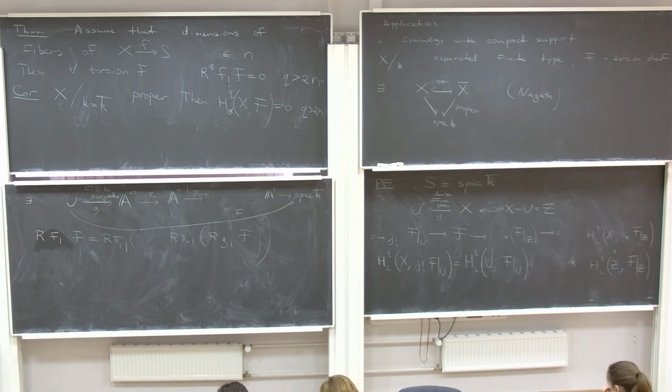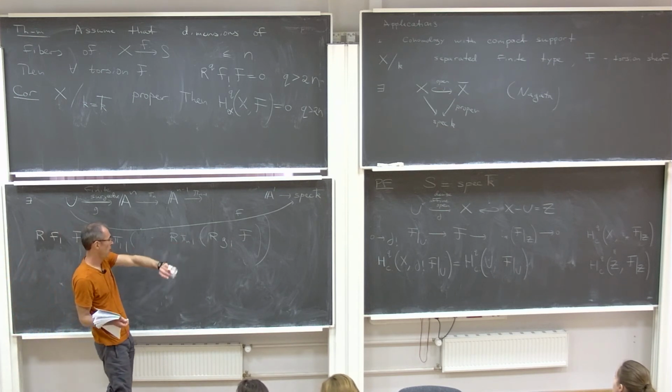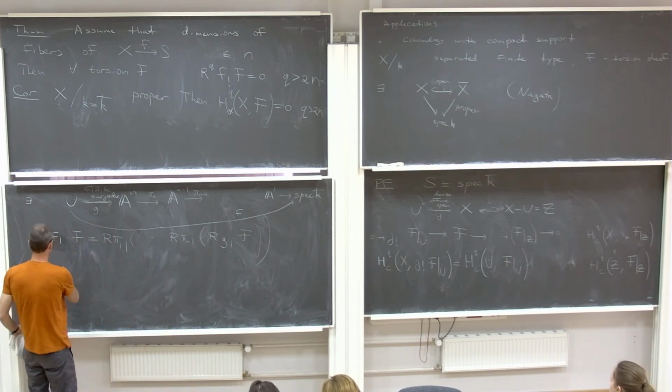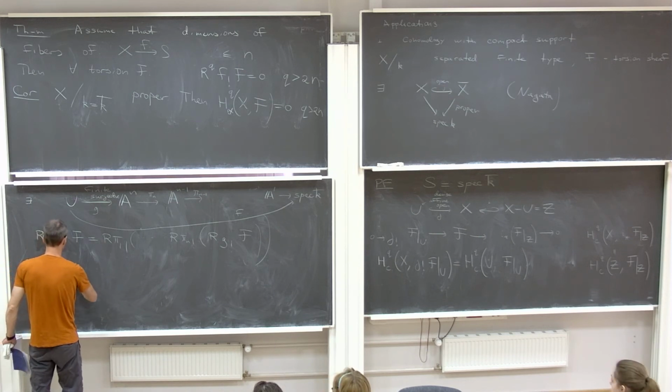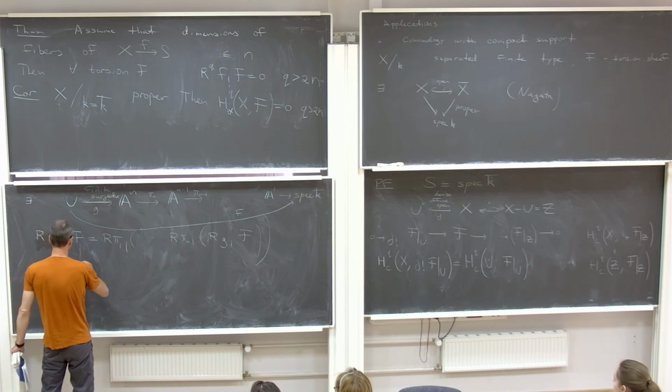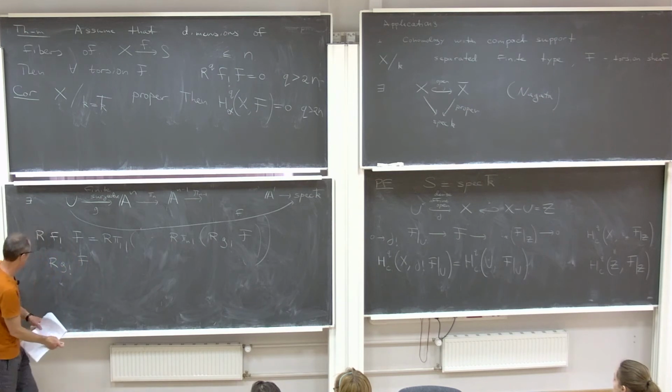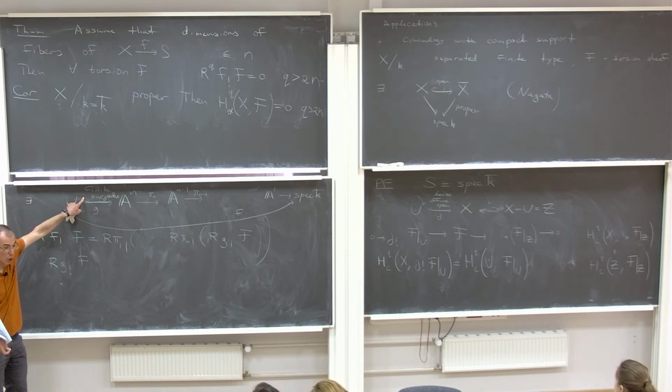So this computes cohomology with compact support. k is algebraically closed. And we want to show vanishing of this in higher degrees. But now let's see what we have here. R g lower star of F. Well, g is finite, in particular it's proper.